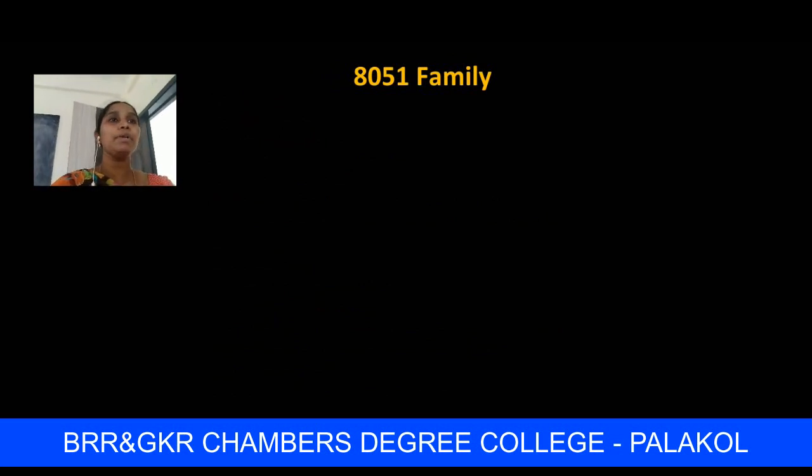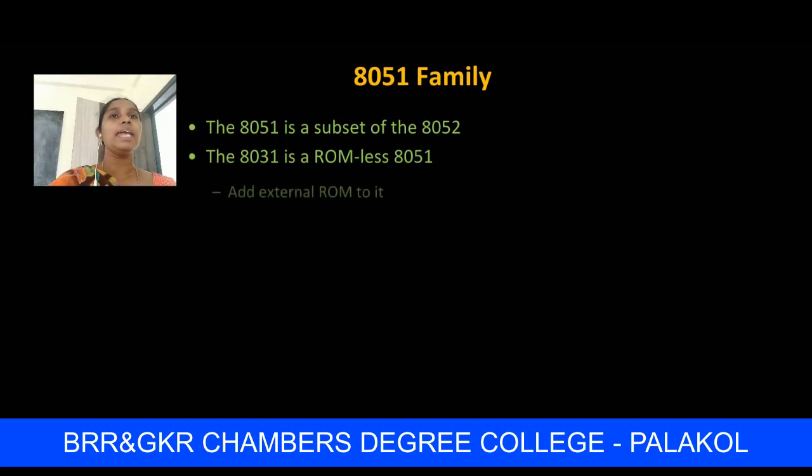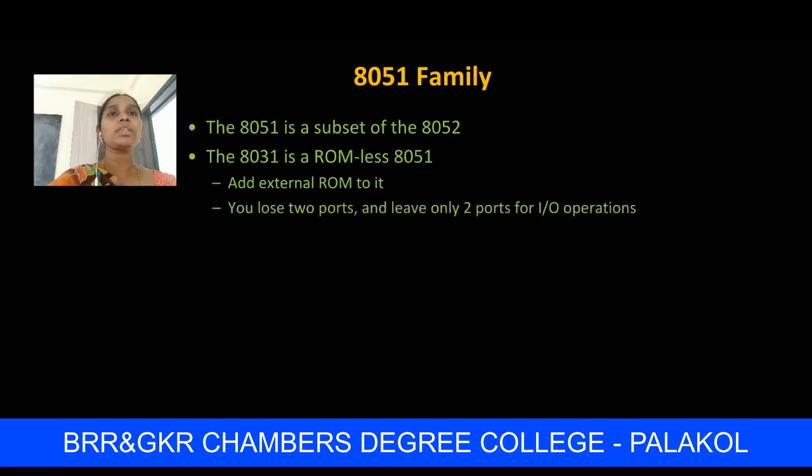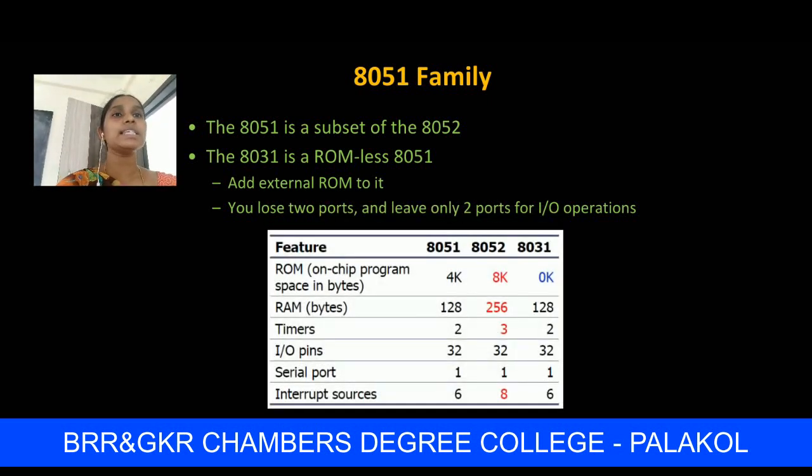Next, coming to the 8051 family: the 8051 is a subset of the 8052. The 8031 is a ROM-less 8051 with external memory added to it, so you lose 2 ports and leave 2 ports for I/O operations. These are the features of the 8051, 8052 and 8031.